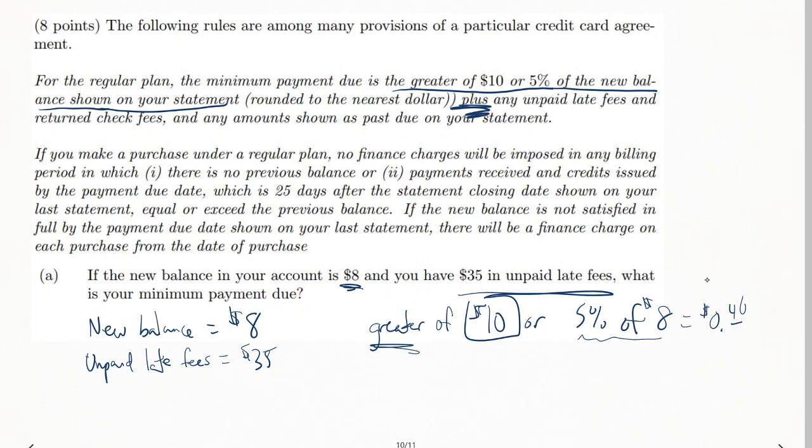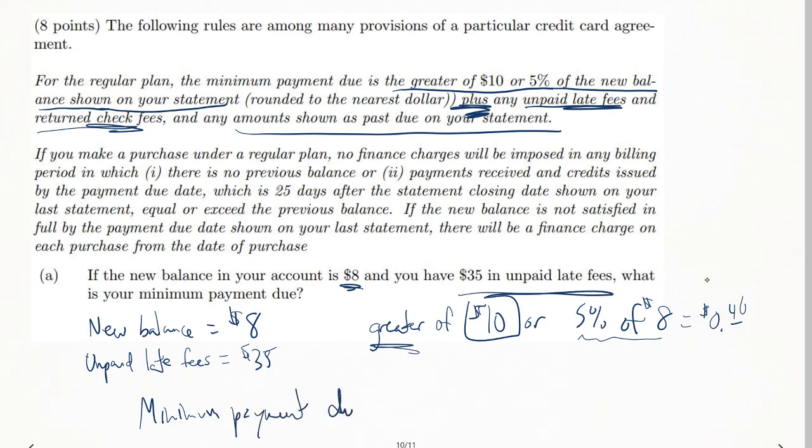Plus any unpaid late fees and return check fees. Notice there's no return check fees, and any amount shown as past due on your statement. So we have unpaid late fees here, and so let's write minimum payment. We start with the greater of, which is the $10, plus unpaid late fees.